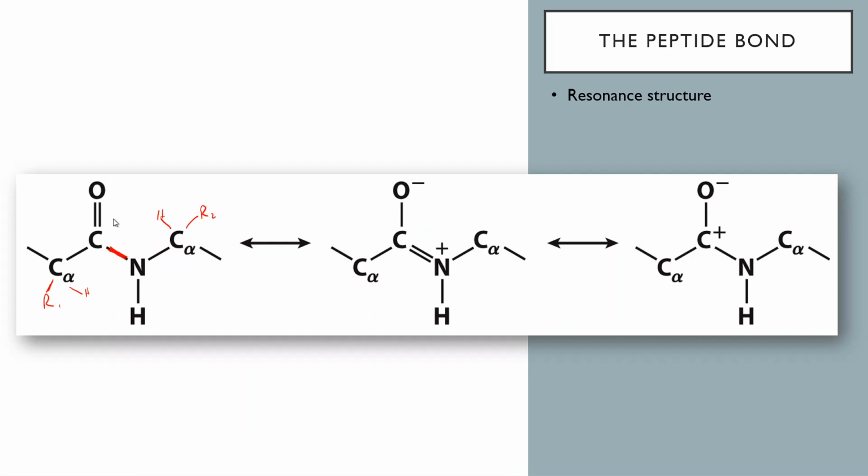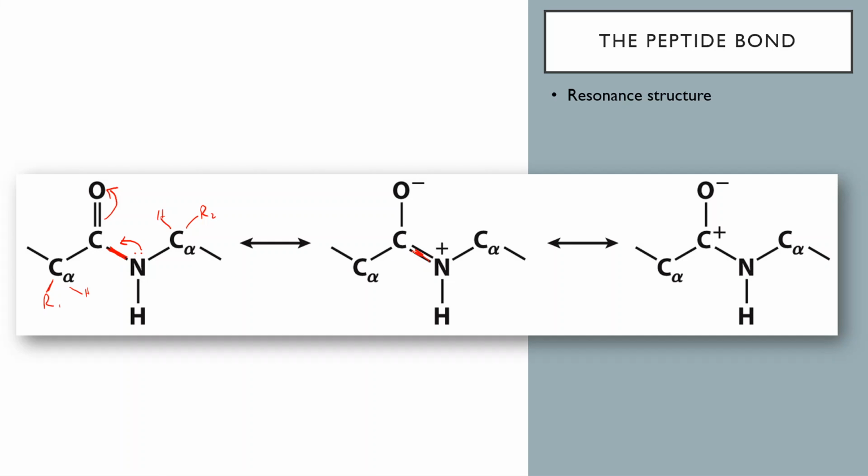The electrons that make up this bond can go back to the oxygen and give the oxygen a negative charge, and then the nitrogen, you probably know, has a pair of unbound electrons, and those can then form a double bond with the carbon, with the alpha carbon.